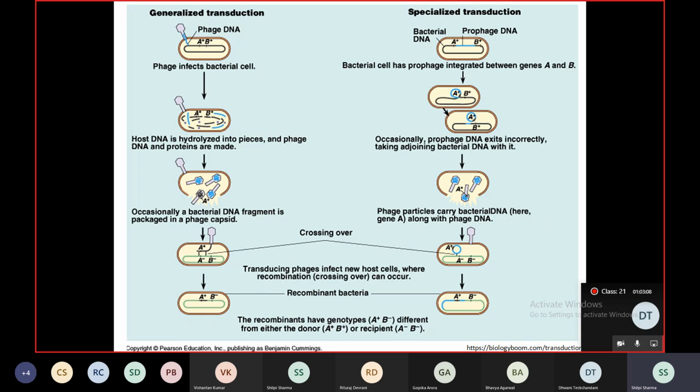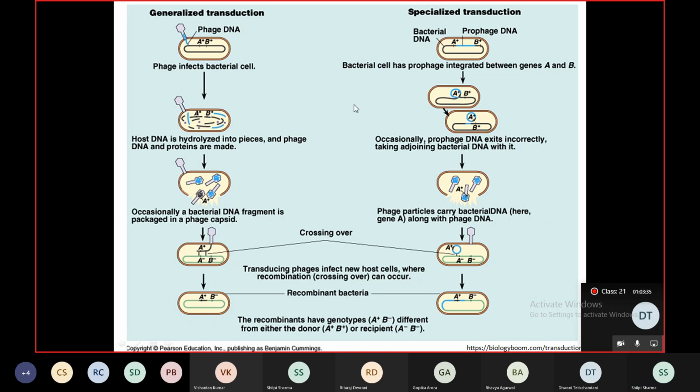Instead of the phage DNA, you have the host DNA entering into the phage head. For example, this A plus is a section of the host DNA randomly entering into the phage head. This black color denotes that. And once that infects the recipient cell, this particular marker can be transferred. But this is a completely random process.